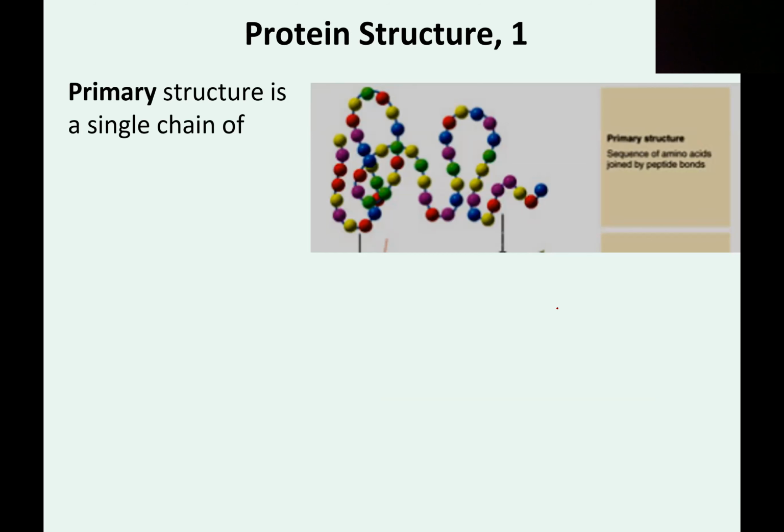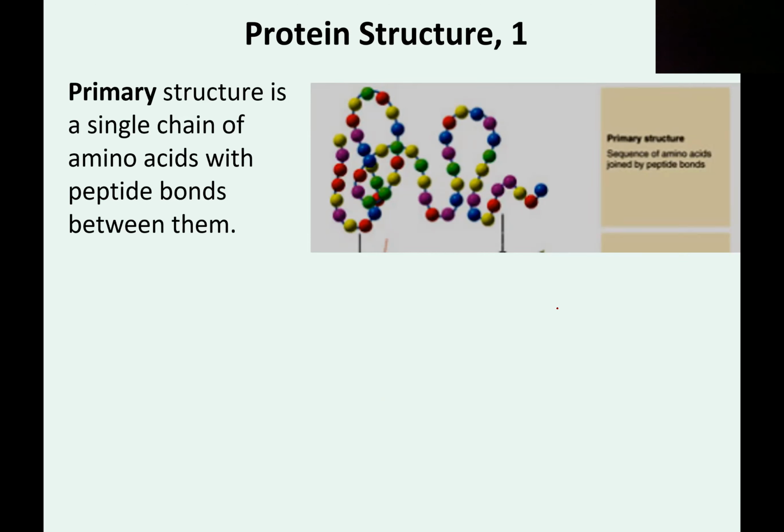So number of chains is 1. The type of bonds is peptide bonds. For the shape, it's a long, narrow strand. And no, it does not function. This is what comes out of the ribosome.